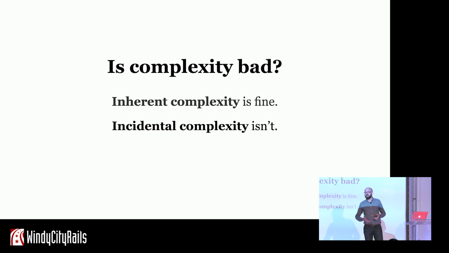Also, complex systems can be slower. There's more moving parts. There's more things happening. In the case of a single-page app, when you load the first page, it's often slower because it has to load more stuff from the server and it has to do more things with it before you can just see the content of the page. Maybe that's inherent complexity that you have to live with. Maybe it's incidental complexity that's making your users' lives worse. You don't need it.